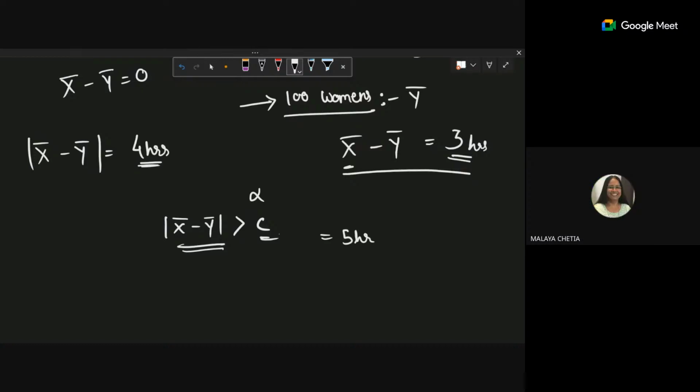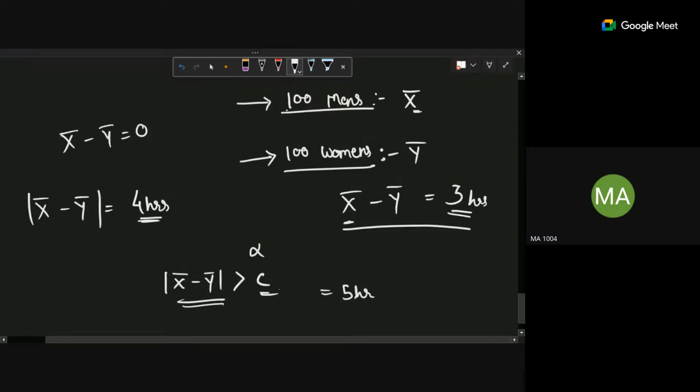Yes, ma'am. It may be possible that, for example, if there are 40 students doing the same research, obviously their samples will not be the same, right? The 100 men they select will be different, and depending on that, their x bar and y bar values will be different, because their samples themselves are different.